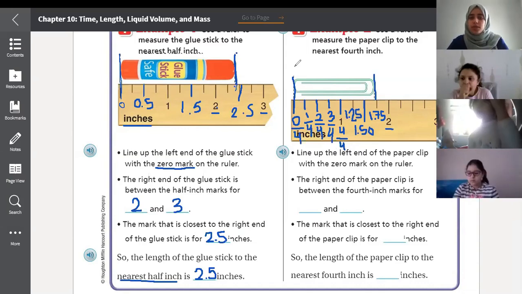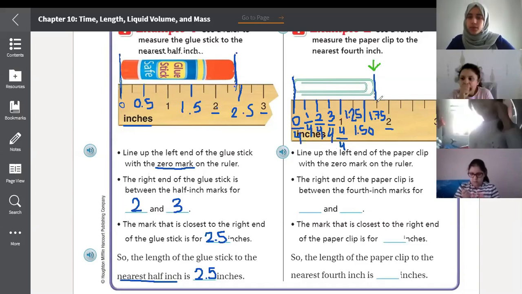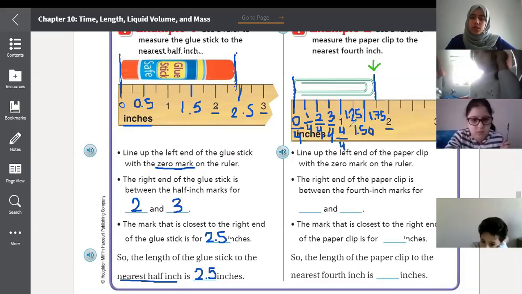Notice how the paper clip starts at 0 and it ends here. I'm going to use a different color. The end of the paper clip is very close to 1.75, which can also be a different fraction. So 4, 5, 6, 7. So 1.75 can be 7 over 8.